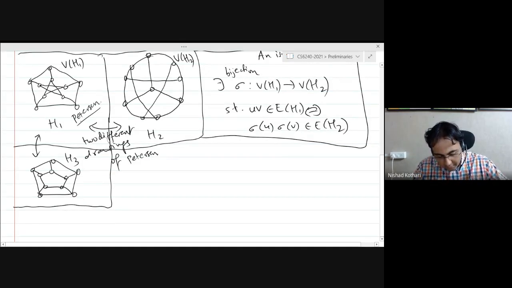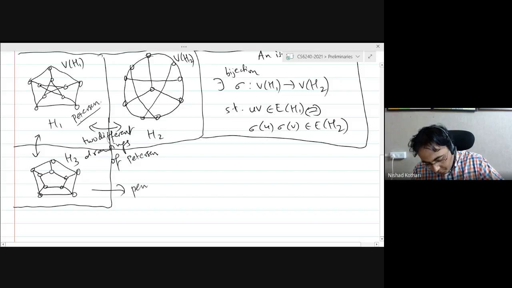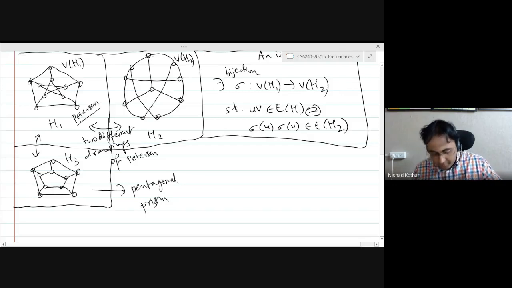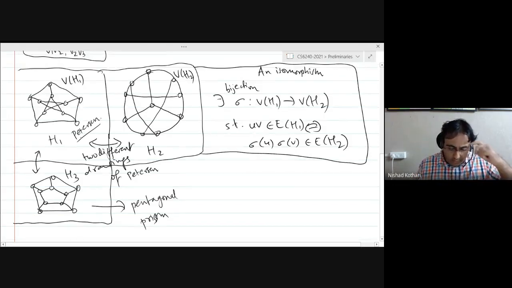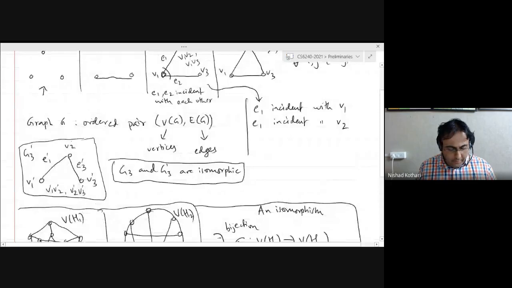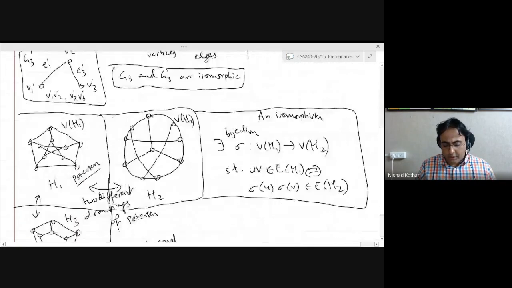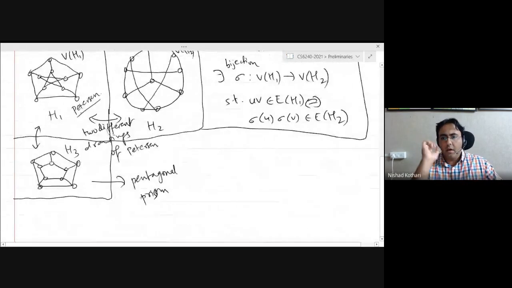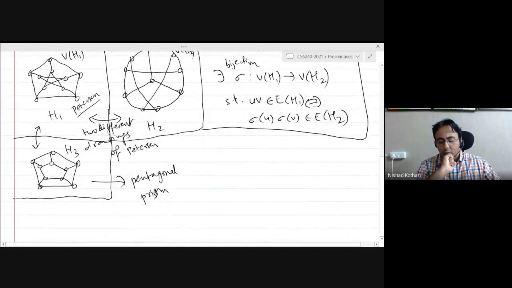And H1 and H3, this graph here is called the pentagonal prism. And it is not isomorphic to the Peterson graph. Good. All right. So hopefully so far everything is clear. Are there any questions until this point regarding what graphs are and what an isomorphism between two graphs is?